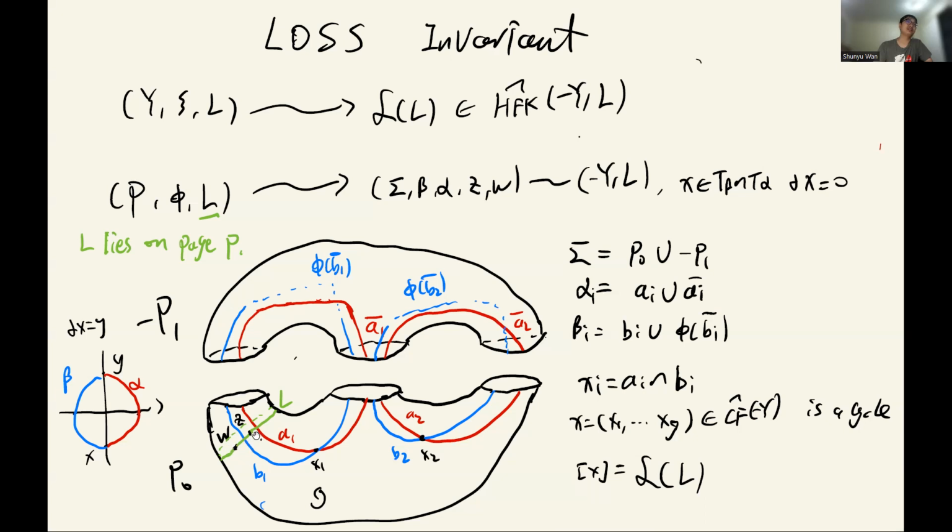You can see that in the Heegaard diagram, this w and z exactly describe your Legendrian knot, smoothly describing your knot L. Then by a similar argument, x is a cycle in CF hat of minus Y, it should be minus Y, L, and we call its homology class the LOSS invariant of L. That's how we associate a Legendrian knot a Heegaard Floer invariant, or knot Floer invariant.